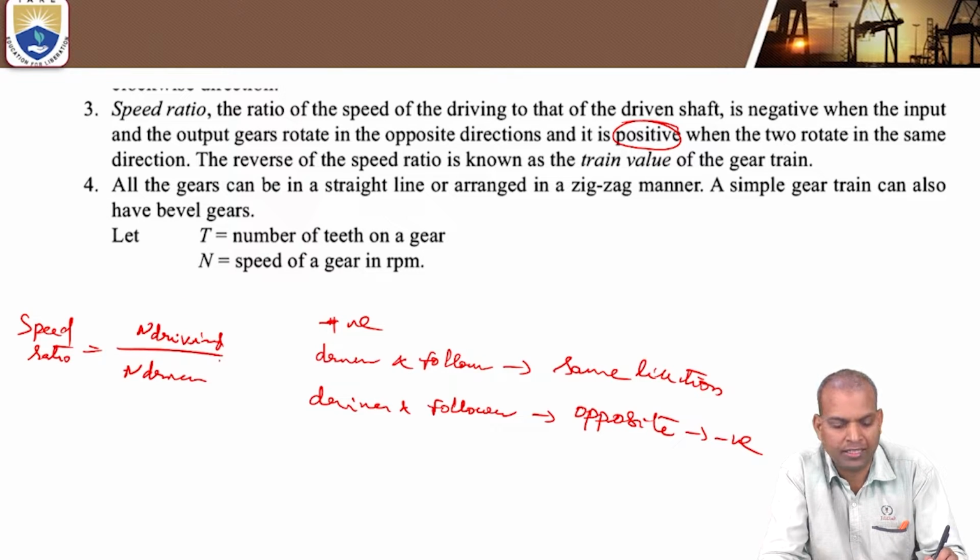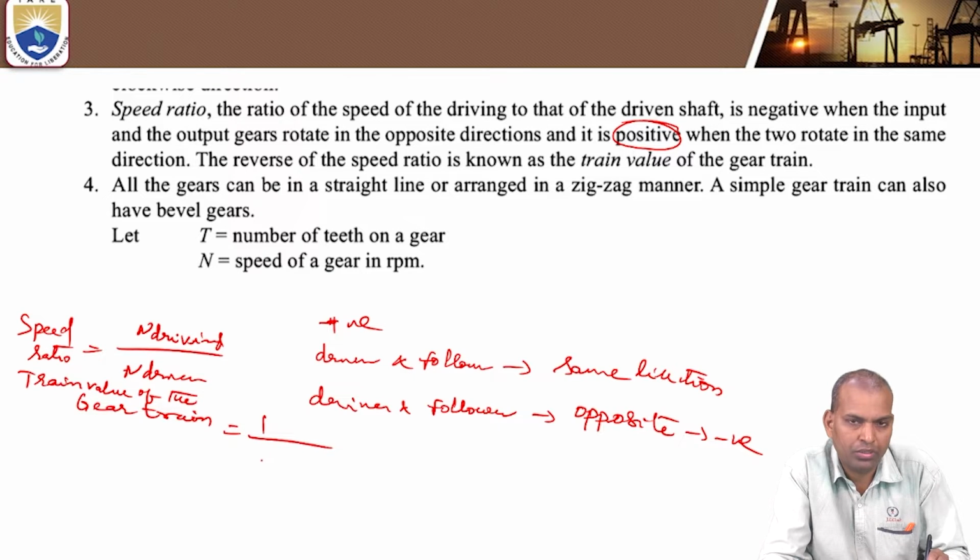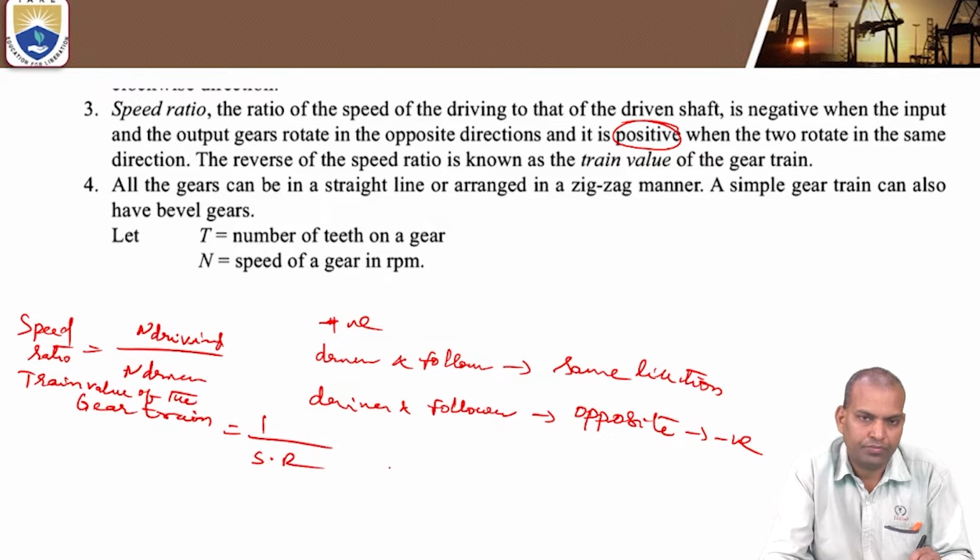The reverse of the speed ratio is known as the train value of the gear train. So the train value equals 1 by speed ratio.